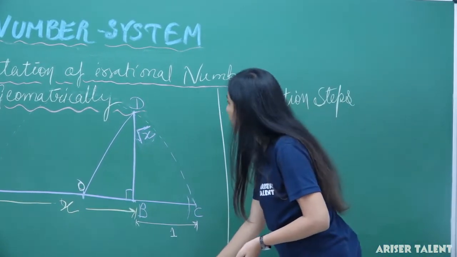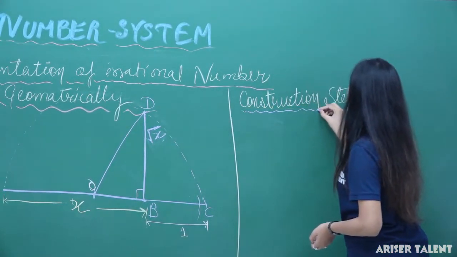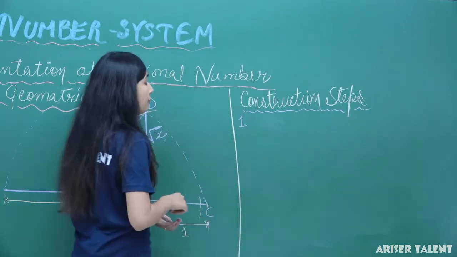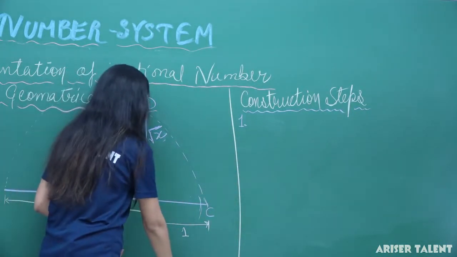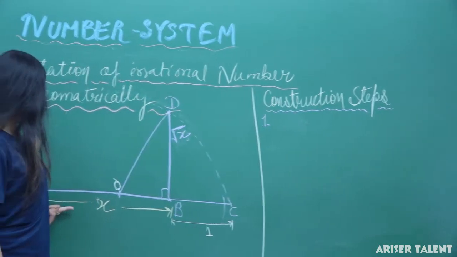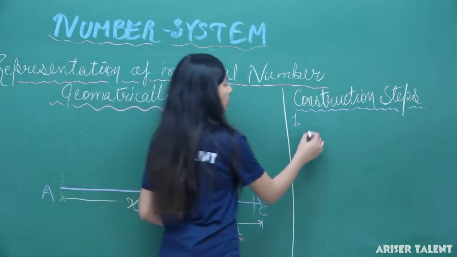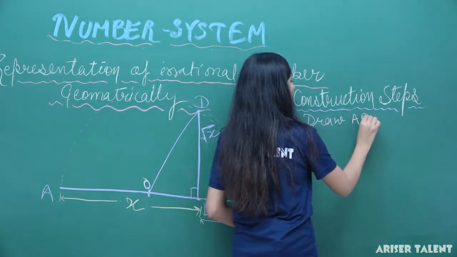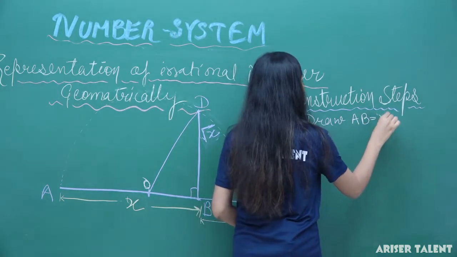First one, what we did? First we draw AB equal to x.